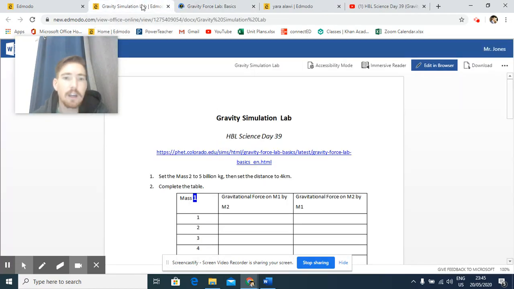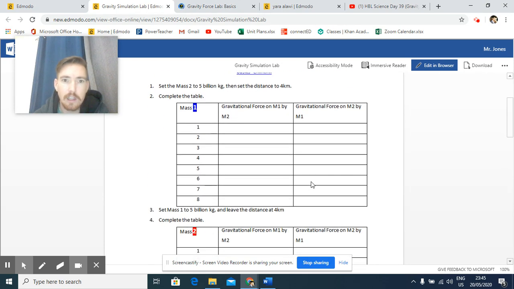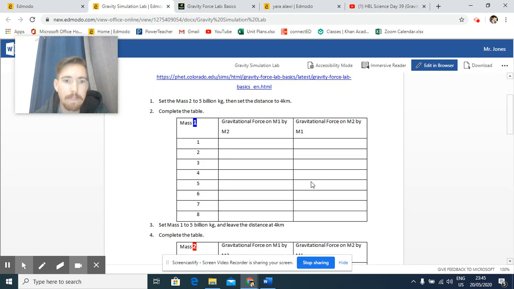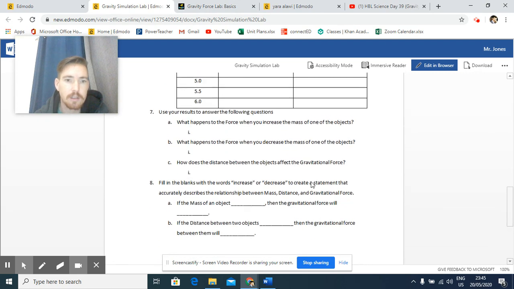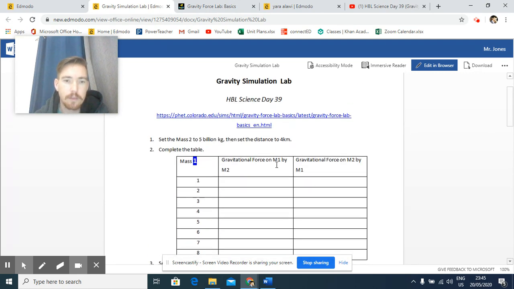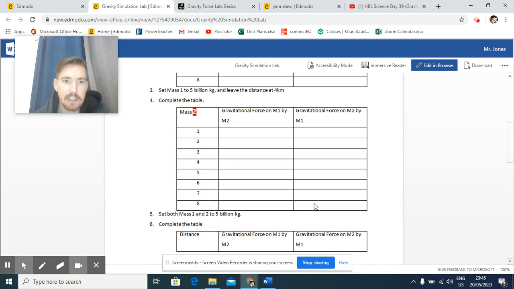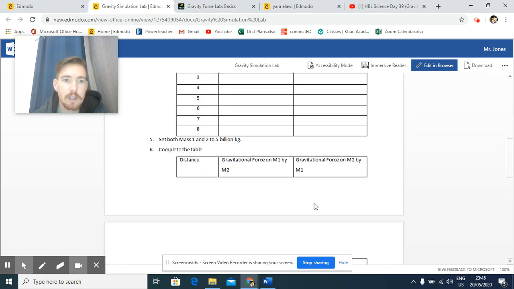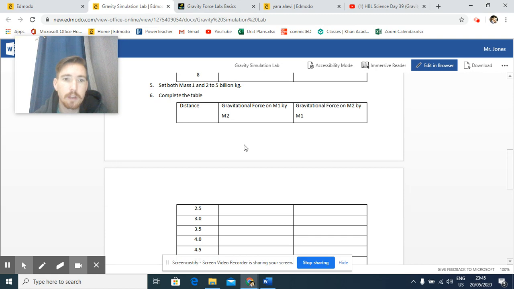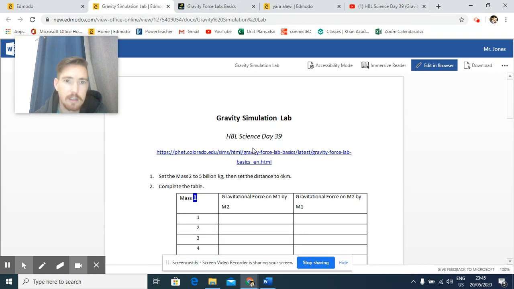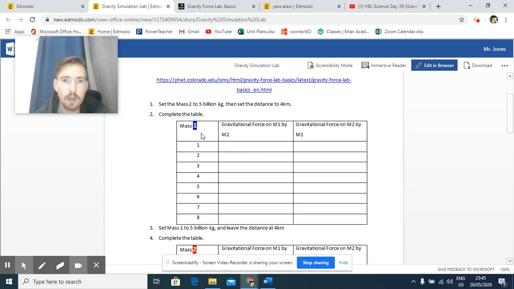And while that's loading up, let's go over what we're going to be looking for. We've got three tables. In one table, we're going to be changing mass 1. Second table, we're going to be changing mass 2. And in the third table, we're going to be changing the distance. You may remember, in the beginning of the year, we talked about independent versus dependent variables.